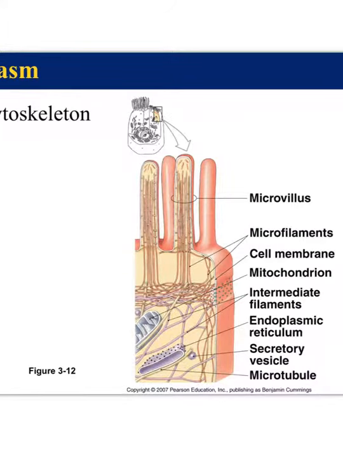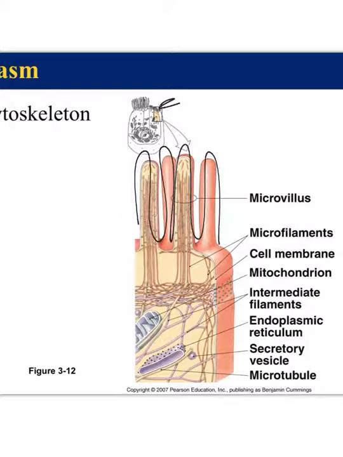So this picture shows some of the components we've just been discussing. You can see these projections on the outside of the cell, which you can also see in this whole picture, are the microvilli. Those are, again, to increase the surface area that the cell has to allow more communication and transport. We also can see the kind of tan-colored microfilaments within the cell.